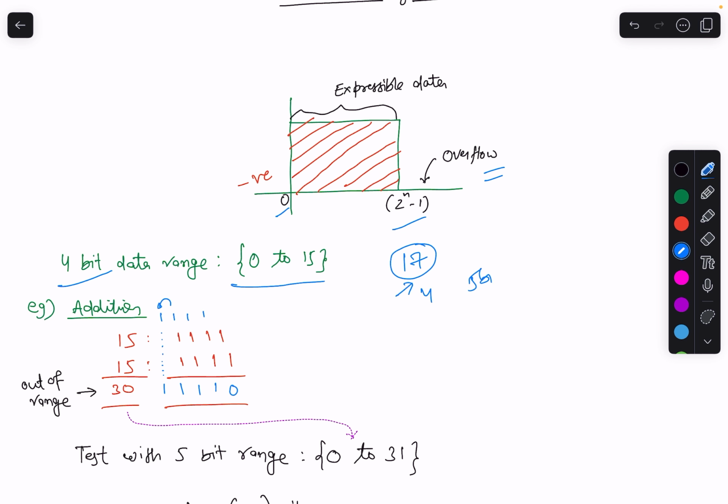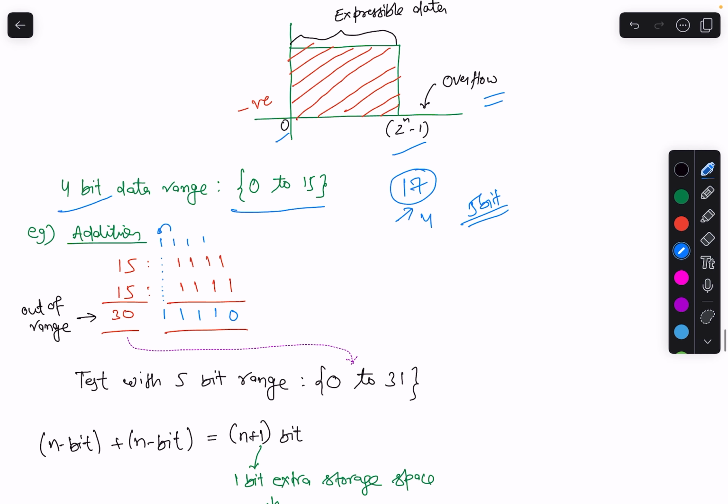We need 5 bits for the same, right? So let's see an example of addition to talk about overflow. Suppose we have 4-bit input and we add two numbers like 2 plus 3 is equal to 5, but we can store 5 in the 4-bit range because 5 falls between 0 and 15.